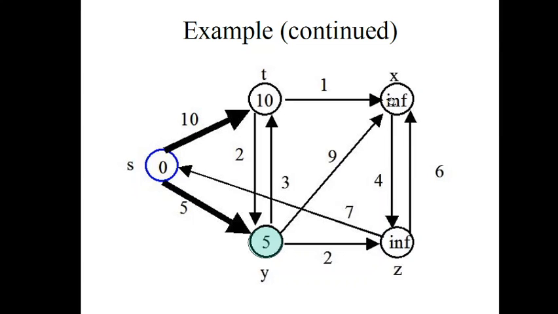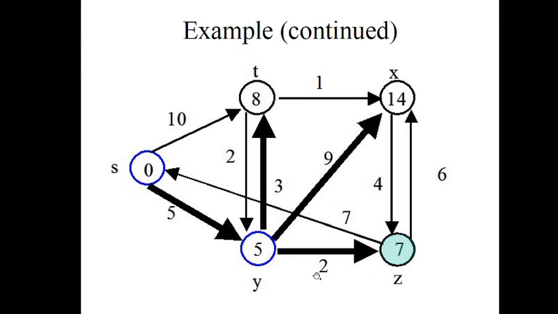The next adjacent vertex is X, the path is 5 plus 9, 14; 14 is less than infinity, so infinity will be replaced with 14, and the predecessor of X will be Y. The predecessor of Z will be Y, and the predecessor of T also will be Y. You can see that. Now 0 and 5, S and Y, both have been extracted or removed from the minimum priority queue. That is why you can see their color in blue.